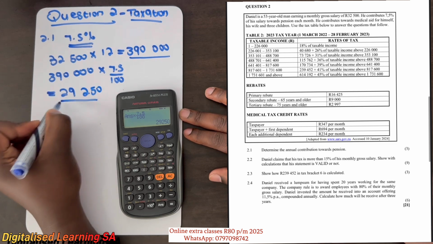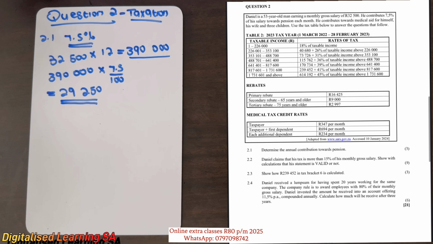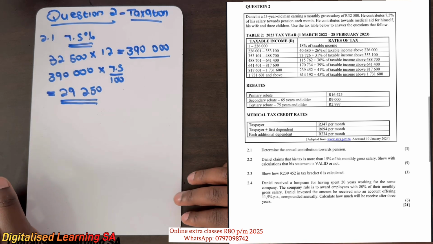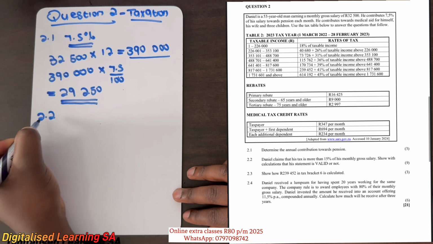This is the pension contribution. Okay, so we are done with 2.1. Now let's move to 2.2.